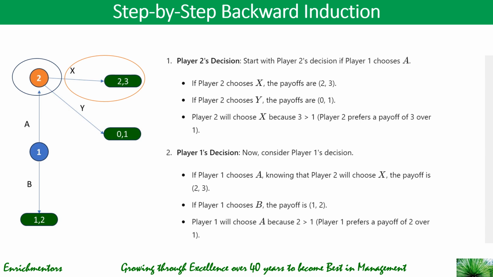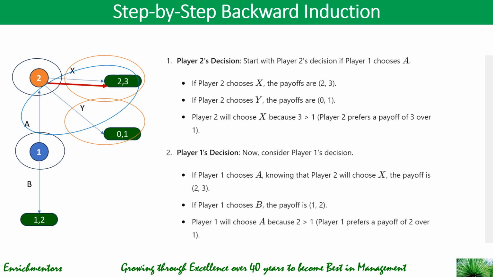Now it is time to consider player 1's decision. Player 2 chooses X because of the higher payoff between 2, 3 and 0, 1. Now if player 1 chooses A, then knowing that player 2 will always choose X, the payoffs are 2 for player 1 and 3 for player 2.